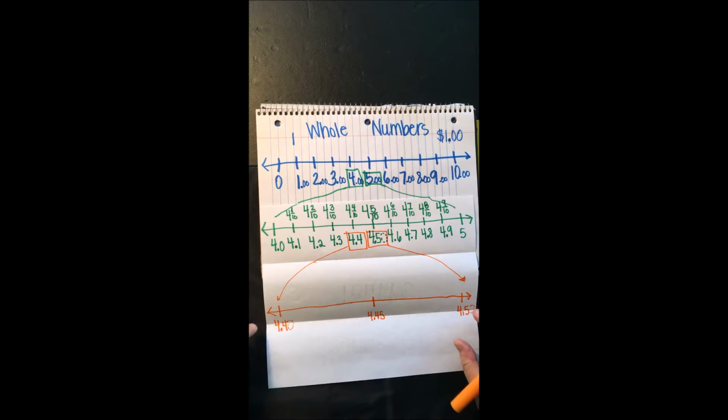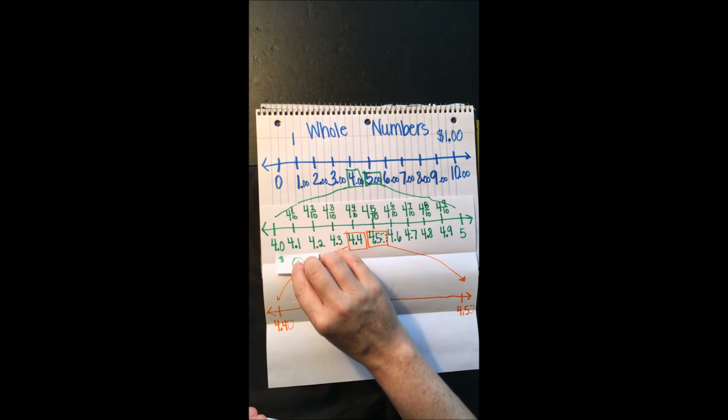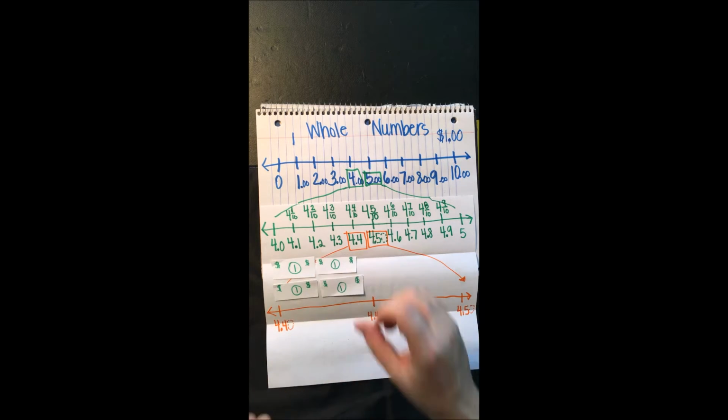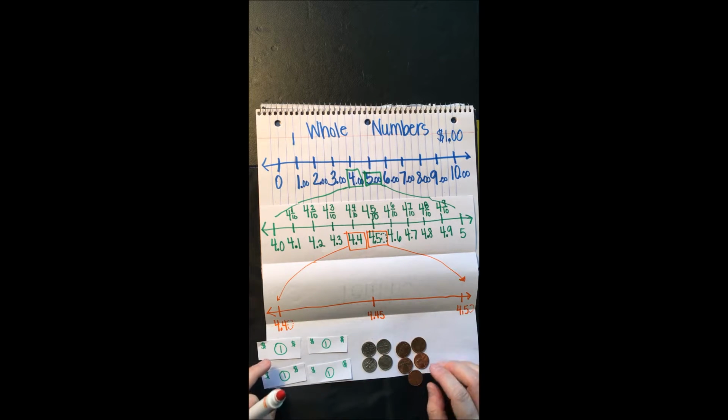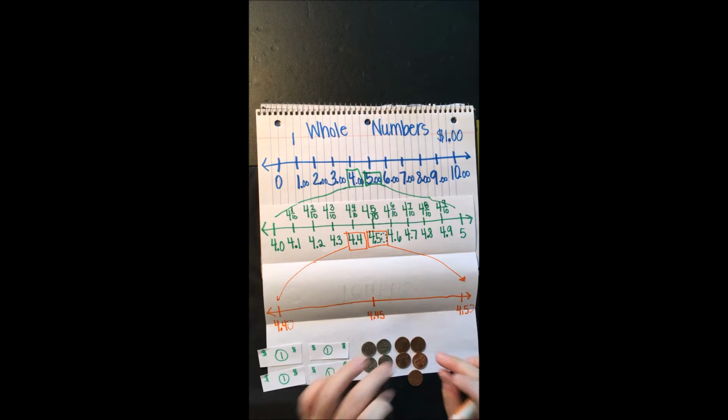And now is a time when we're saying, okay, well, let's see what this looks like. And so as we see what it looks like, this is when you break out your money again, and I'm going to set it right up here this time. Here we have one. About money is that we're using dimes because it takes 10 whole dimes to equal 1 whole dollar.